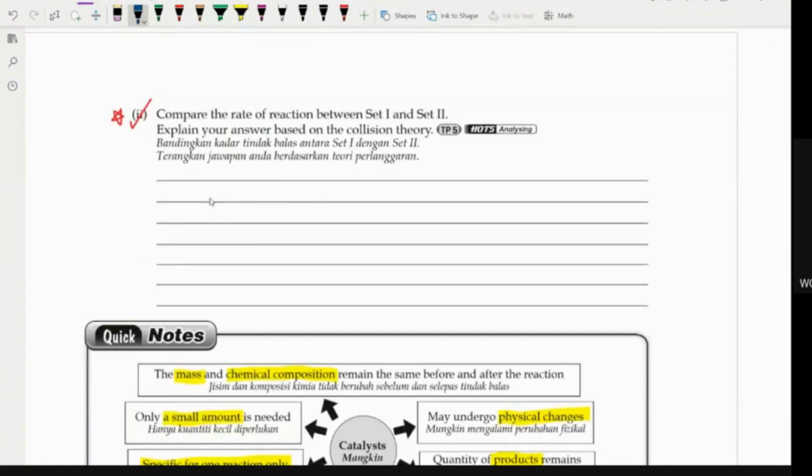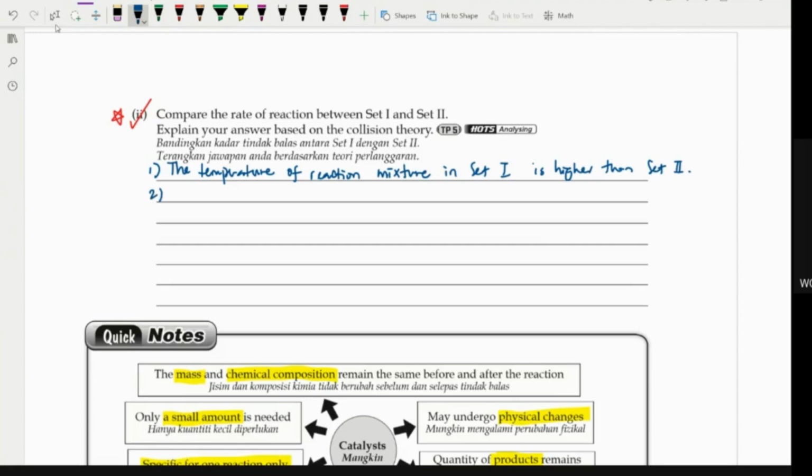So the temperature, point number 1, the temperature of reaction mixture in set 1 is higher than set 2.